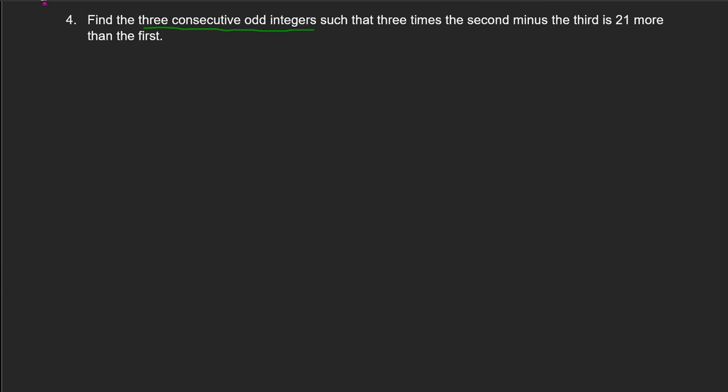Find the three consecutive odd integers such that 3 times the second minus the third is 21 more than the first. Ano ibig sabihin yan? 3 times the second, okay? 3 times the second minus the third, it's 21 more than the first.